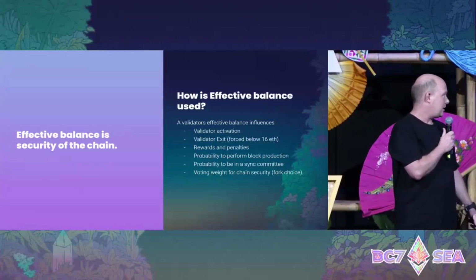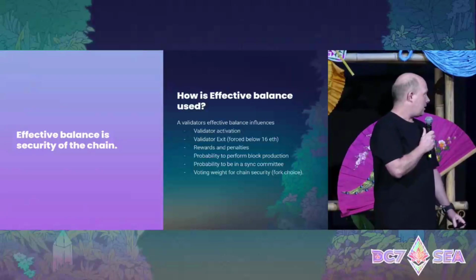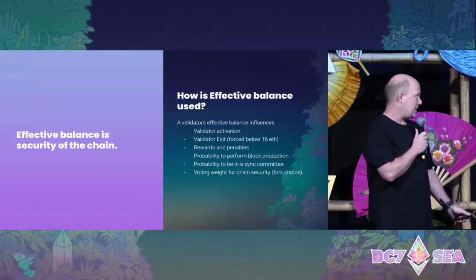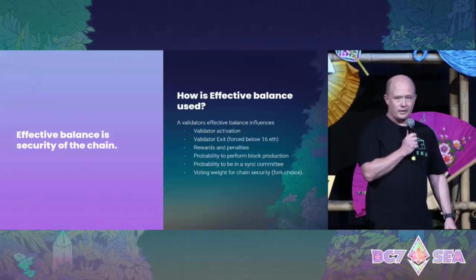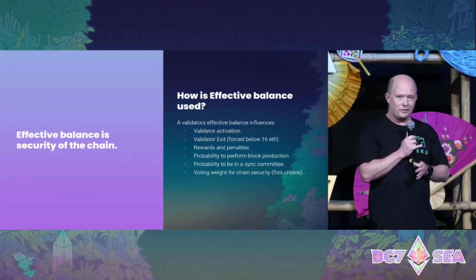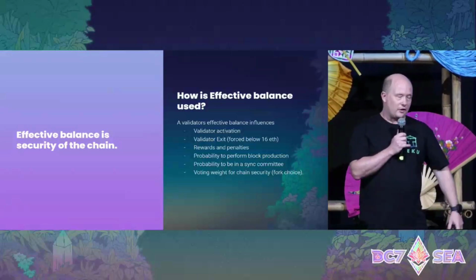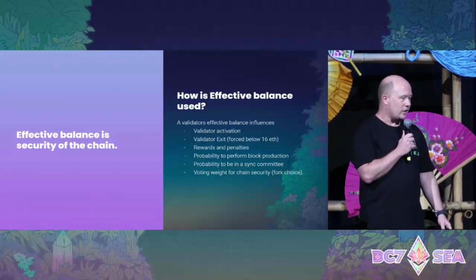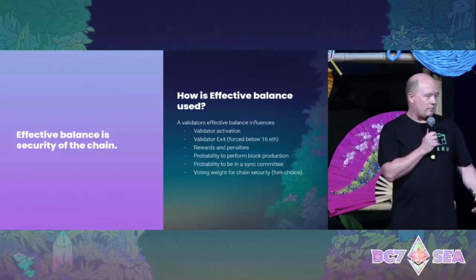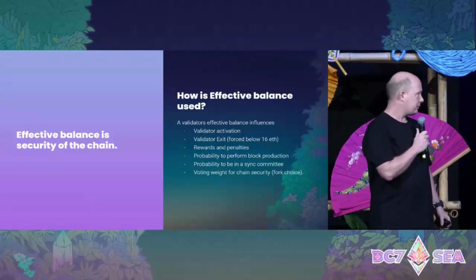So the effective balance is used in a number of ways on the consensus layer. We basically use it for activation. At the moment, a validator needs to reach maximum effective balance of 32 ETH in order to become eligible to be activated on the network. We also need to potentially eject validators if they reach below 16 ETH.